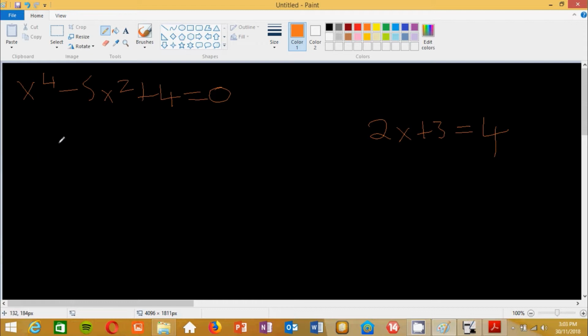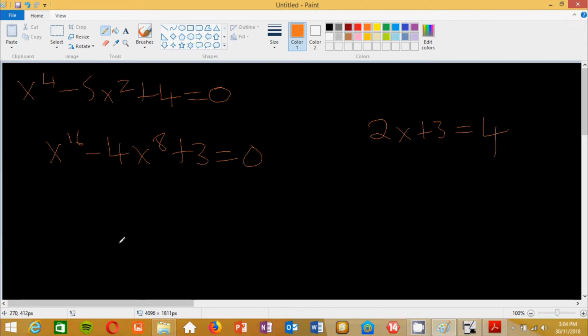Let me give you another example of a disguised quadratic equation. Let's say I have x to the power 16 minus 4x to the power 8 plus 3 is equal to 0. This is a disguised quadratic equation. Why? Number one, there are only 2 powers in the equation, x to the power 16 and x to the power 8.